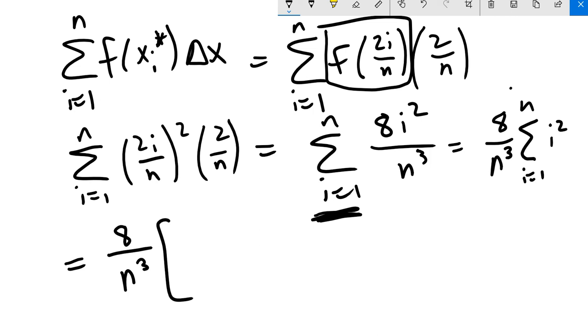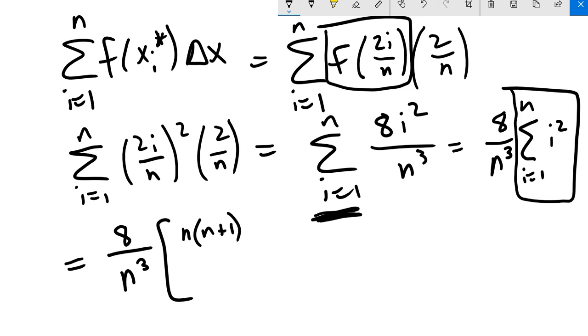And this is a special expression here, and you can find it in many textbooks, and the proof is online as well. I may have a video where I end up proving this, but I'm not going to prove it in this video. It's using something called telescoping to prove that. But that is equal to n times n plus 1 times 2n plus 1 divided by 6.